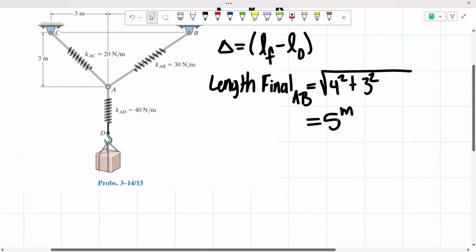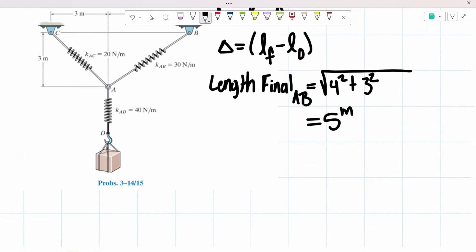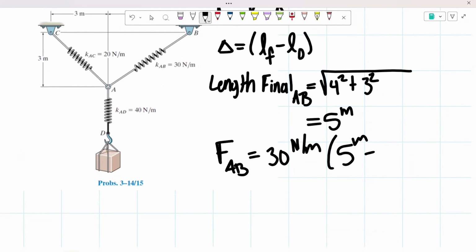Now that we have the final length, the original length, and the stiffness, we can find the force. The force for the spring AB is equal to the stiffness of 30 newtons per meter times the final length of 5 meters minus the original length of 3 meters.